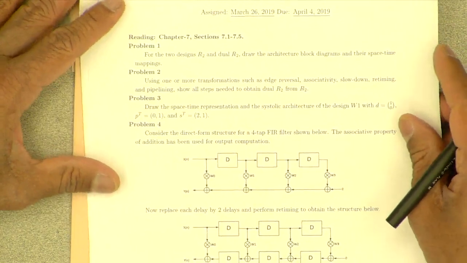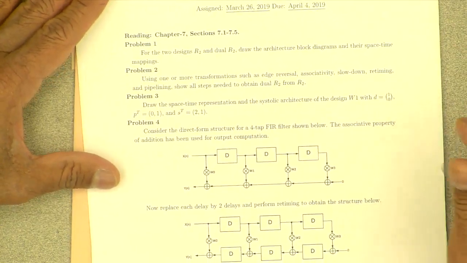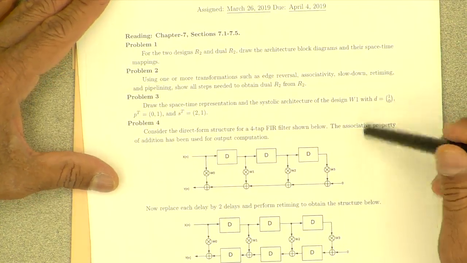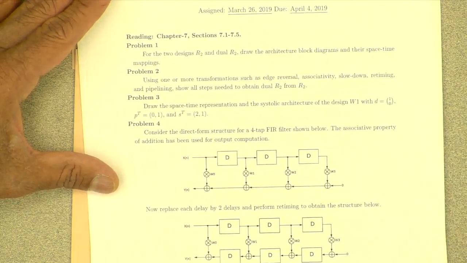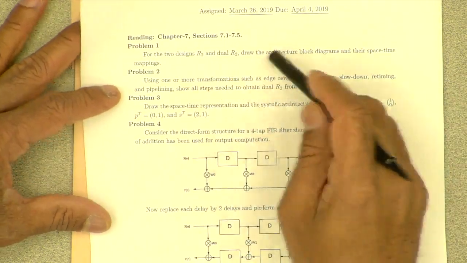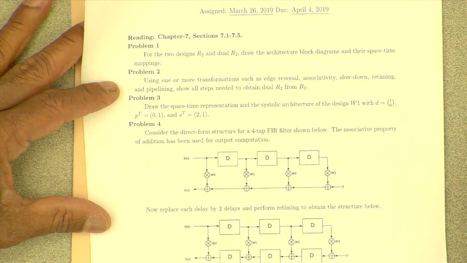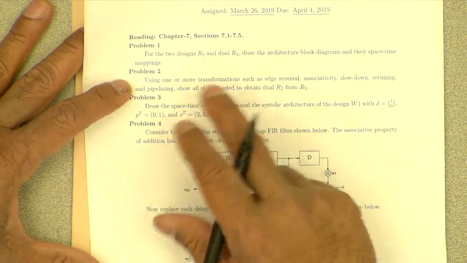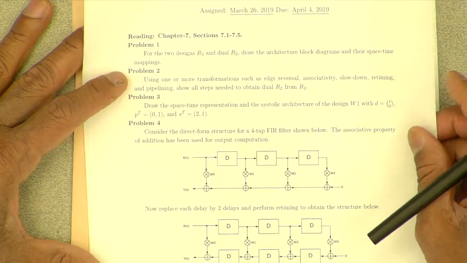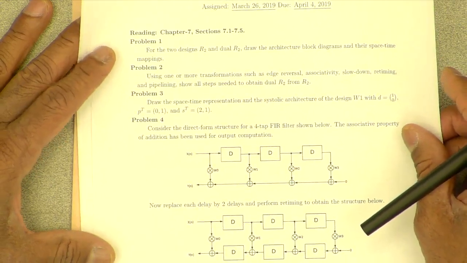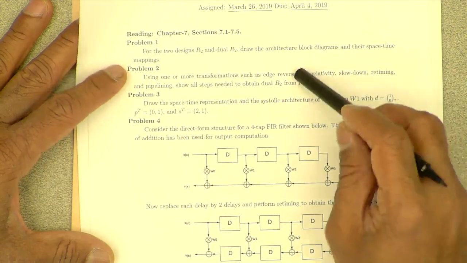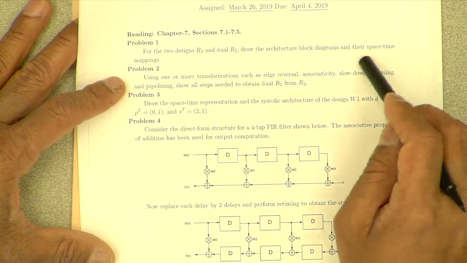We have just about a minute and a half or so. So let me just briefly walk through the homework. I have completed essentially chapter 7, so you should be able to do it. The first couple of questions relate to designs dual R2 and R2. So by this, draw the block diagram and space-time mapping.